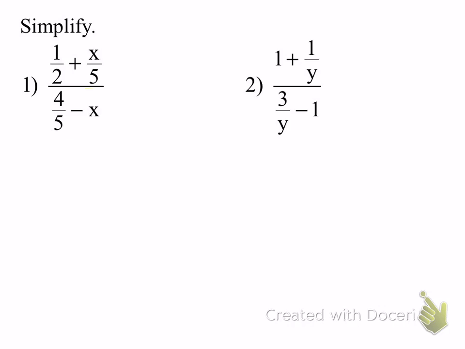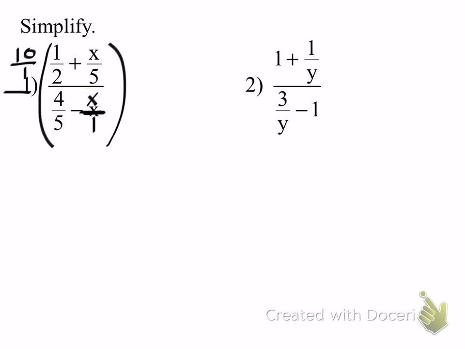Let's rewrite this x. Is this a whole number or a fraction? A fraction. This is really x over 1. If it is not in fraction form, it is x, it is over 1. So now tell me, what is my least common denominator? 10. I'm multiplying everything by 10 over 1.